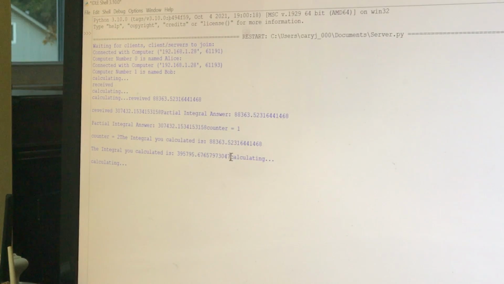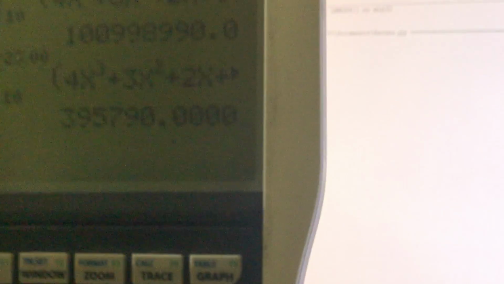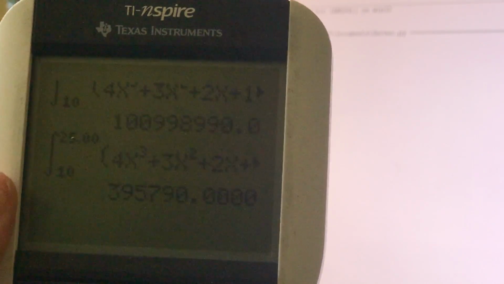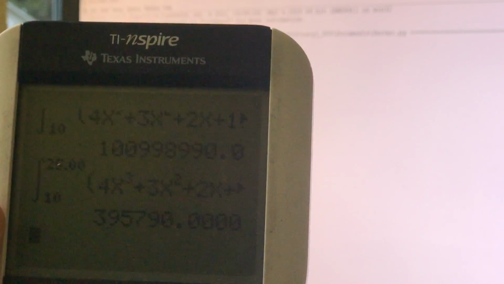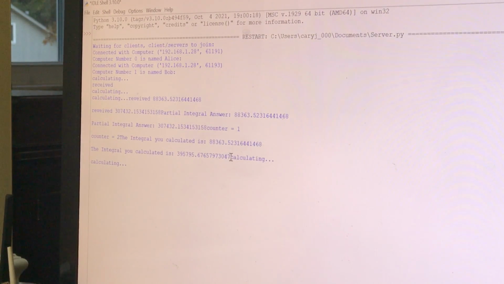The answer this program gave was 395,795, as you can see there. And the answer my calculator gave for the same integral was 395,790. So it's remarkably close. So this is the modified client-server architecture program.